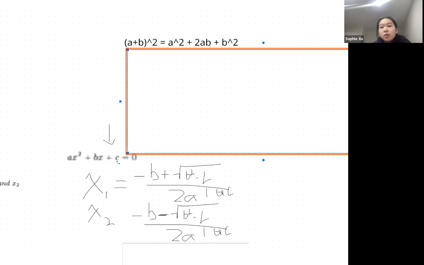Okay, I'm actually just going to copy and paste the quadratic formula into here because my handwriting sucks. Right, it's there.